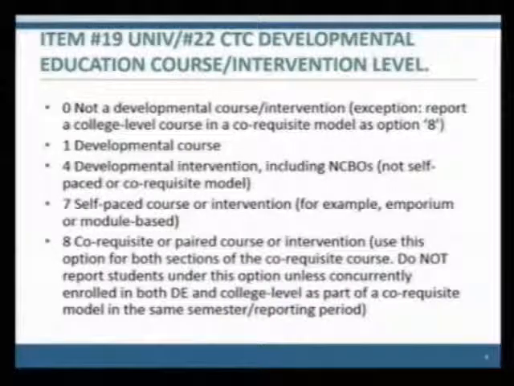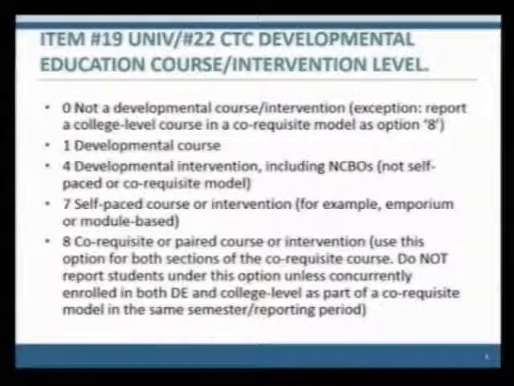The other thing we're asking you to do, and I'd like to find out if this has been challenging, is if it is a co-requisite model, to tell us on item 8 if the record you're reporting is for a student who is in a college level course that is paired with DE.